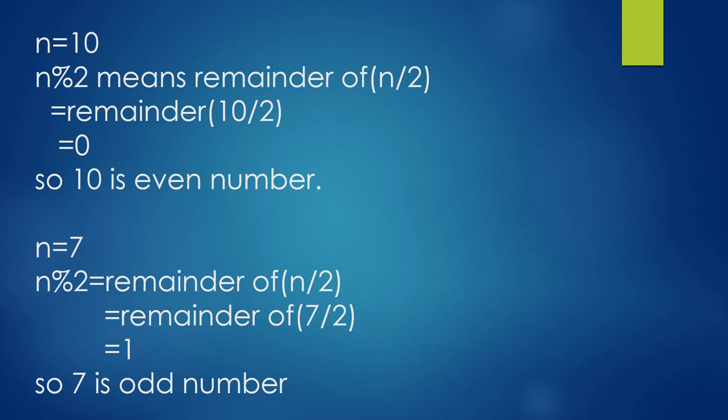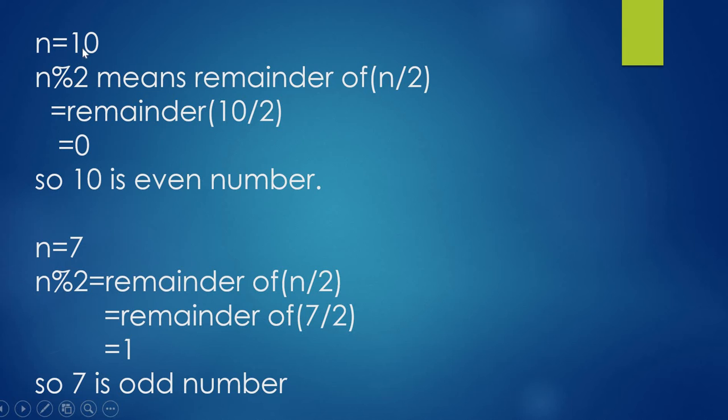For checking an even number, in computers we use one operator, the mod operator. The mod operator is this percentage symbol, and it represents the remainder. For finding the remainder, we use the mod operator.